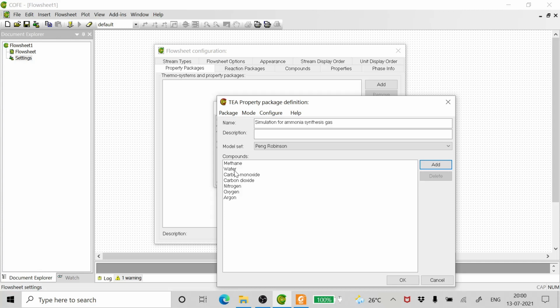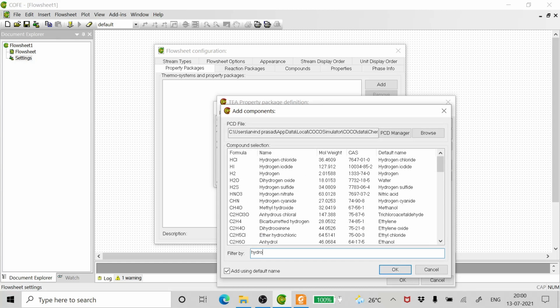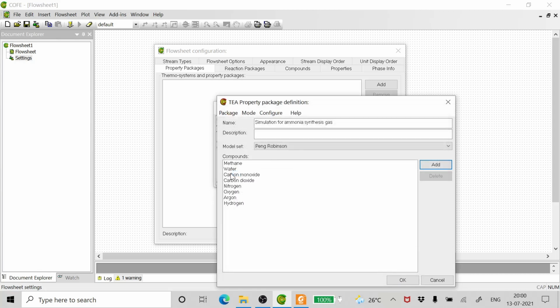So we have methane, water, carbon monoxide, carbon dioxide, nitrogen, oxygen, argon, and finally we add hydrogen also, because this is one of the products. So can we move it? No, we can't move it. So the hydrogen remains at the end. That's not a big problem. Let's click OK.